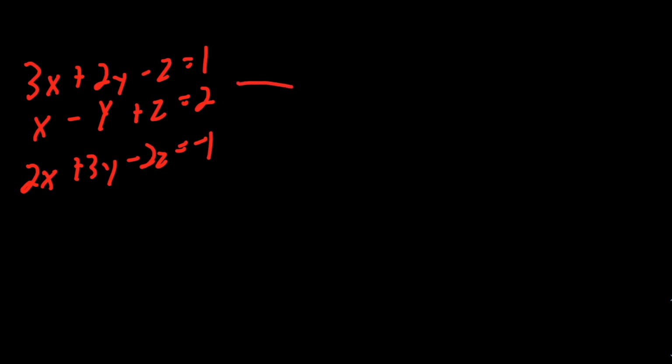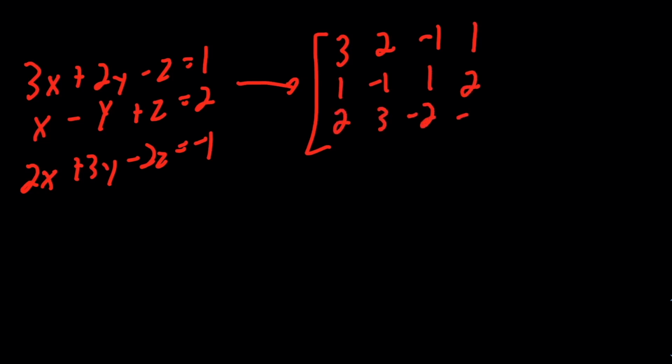First things first, we are going to convert this system of equations into an augmented matrix. So we have 3, 2, -1, 1; 1, -1, 1, 2; 2, 3, -2, -1.